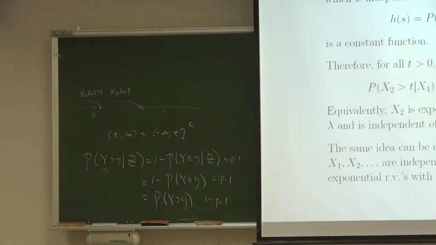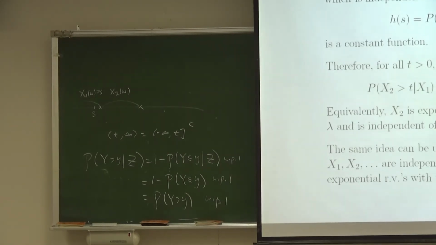Now we have shown that x1 is exponentially distributed with parameter lambda. Up to now we know x1 is exponentially distributed with parameter lambda, and now we show x2 is also exponentially distributed with parameter lambda, and x2 is independent of x1.